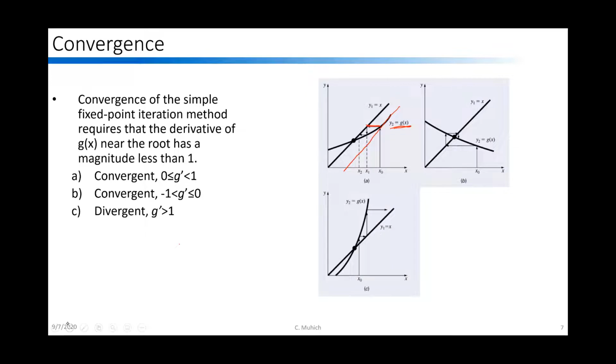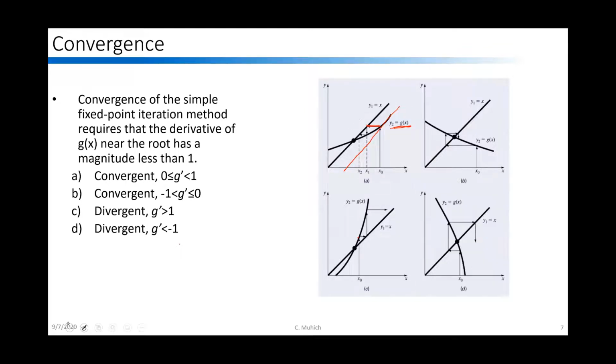However, if I have a very steep slope of my g function near that root, so near that intersection point, I'm going to end up having a divergent solution because every time I move here, I'm going to have a number greater than 1. When I have a number greater than 1, x is going to grow. I'm going to get bigger and bigger x's moving away from that root.